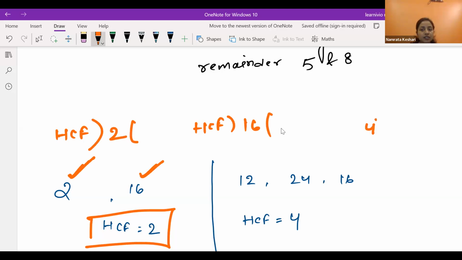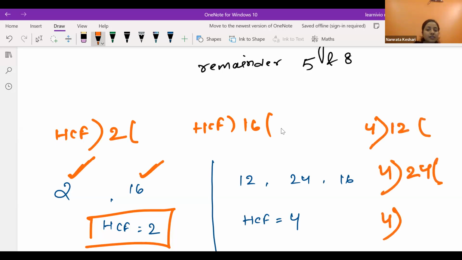This HCF 4 is dividing 12 completely, the same 4 is dividing 24 completely, and the same 4 is dividing 16 completely, right? So once we find the HCF, we get such a number which can divide all these given numbers completely.